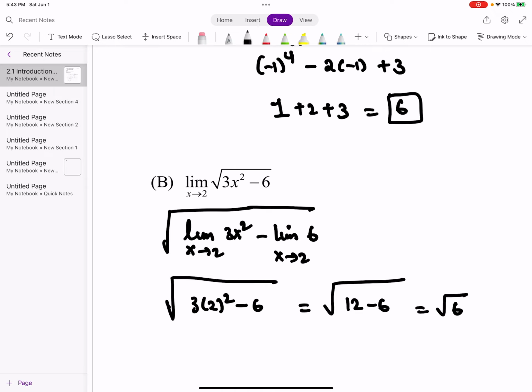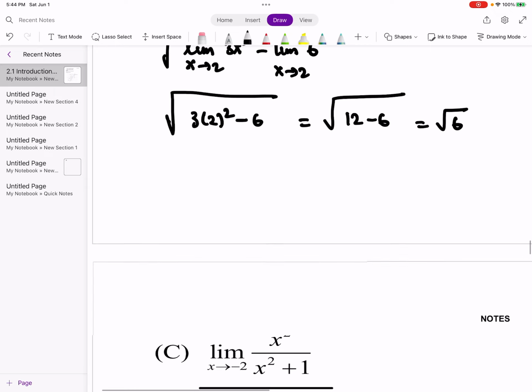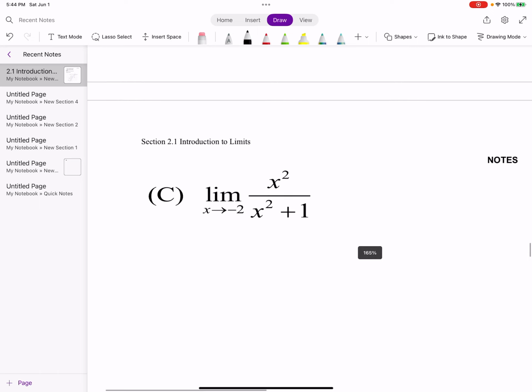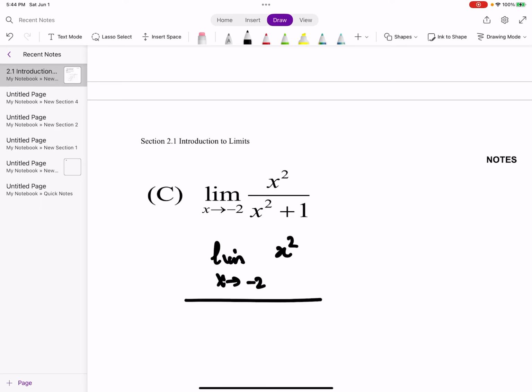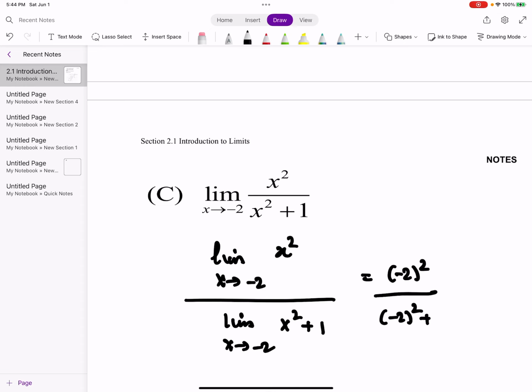So do you see the rule and apply to each limit? Let's do this one. Limit of x approaches -2 of x squared over limit of x approaches -2 of x squared plus 1. The top one is -2 the whole square. The bottom one is -2 squared plus 1. This is 4. This is 5. So it is 4/5.